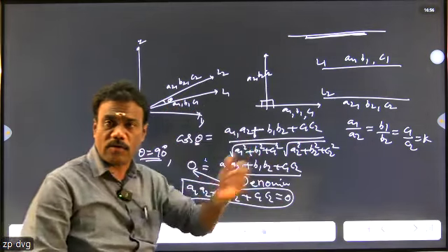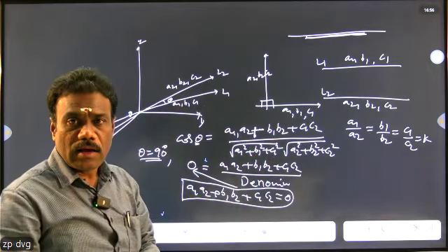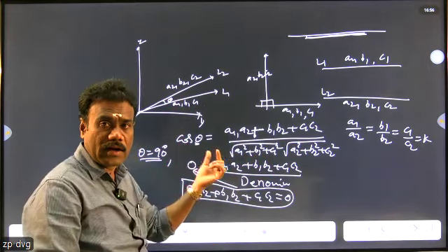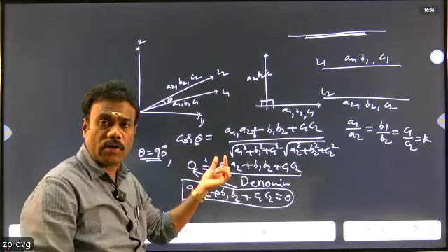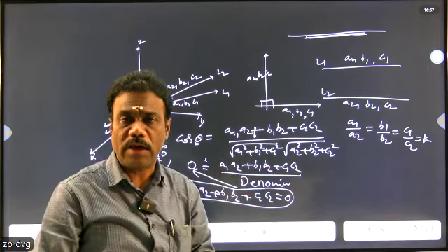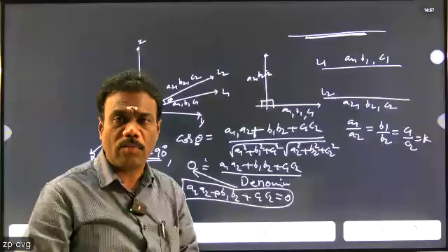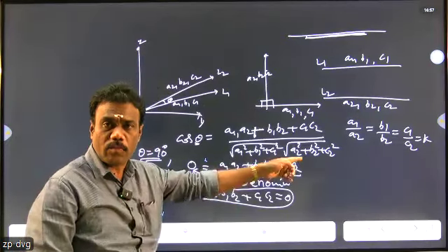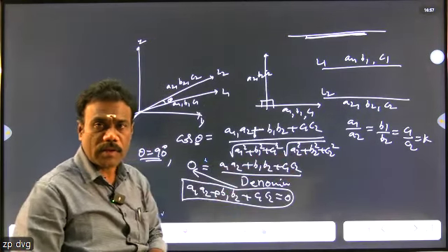When the direction ratios of the lines are given, for finding the angle theta, the formula is cos theta is equal to A1 A2 plus B1 B2 plus C1 C2 divided by square root of A1 square plus B1 square plus C1 square into square root of A2 square plus B2 square plus C2 square.